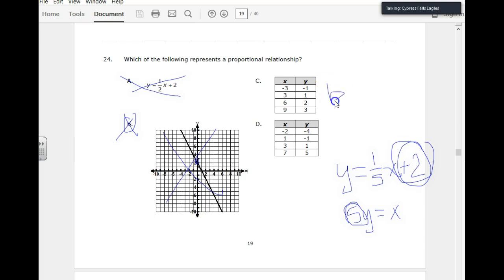The y-intercept of this one will be 0, and the y-intercept of this one will be -2. So the correct answer was C. That one represents a proportional relationship. I think it was y equals 1/3 x plus nothing. Another way to write that would be 3y equals x, a nice, beautiful proportional relationship.